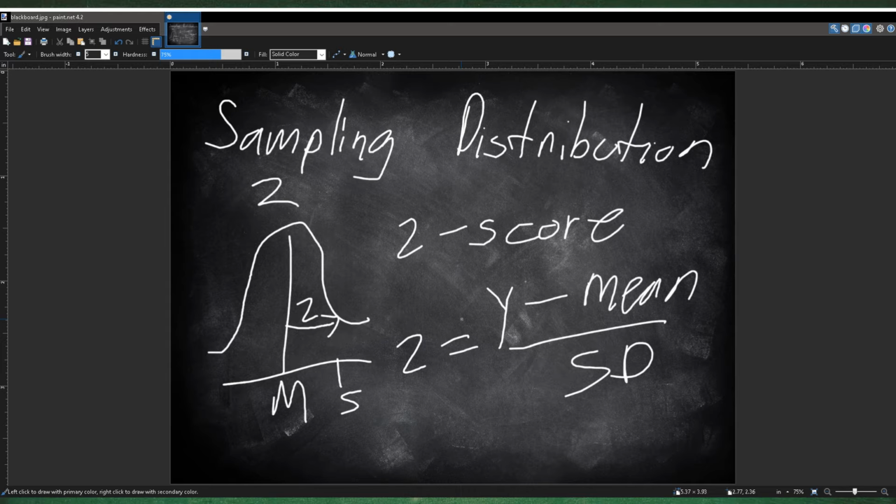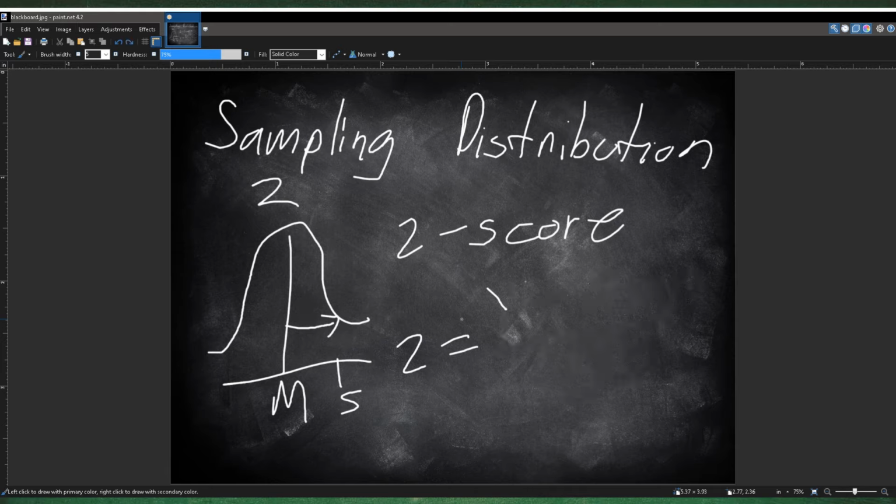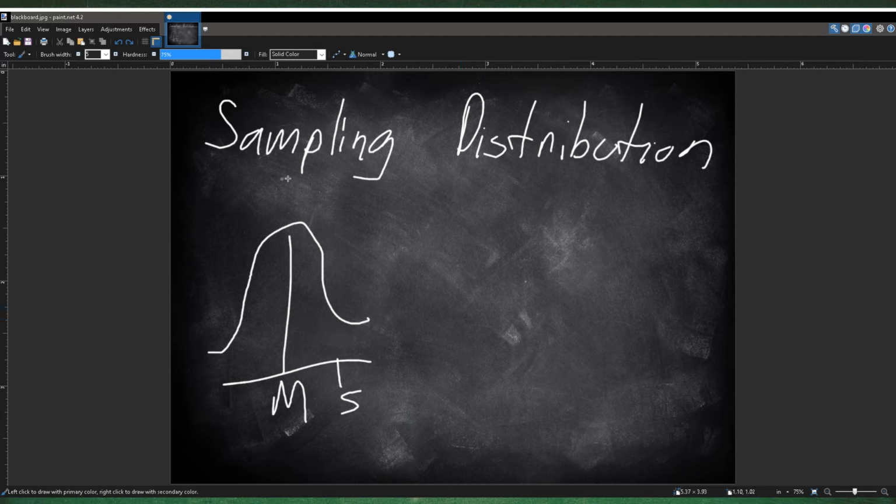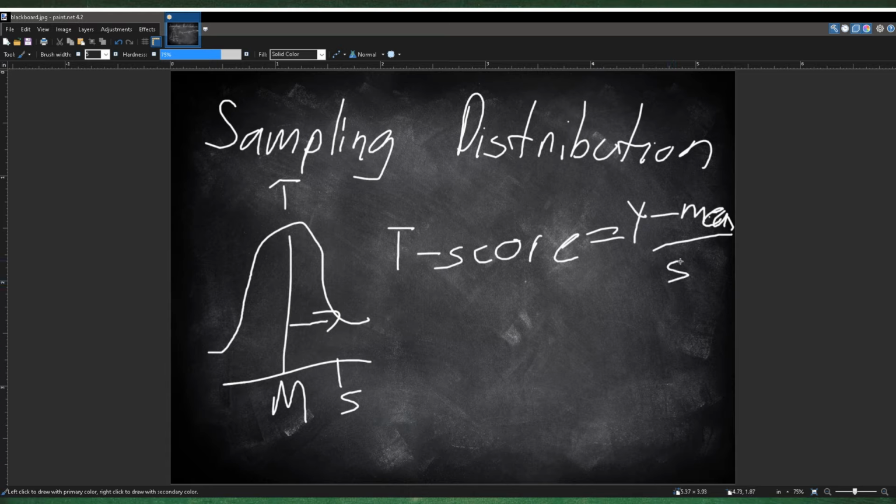Mostly when you're plugging into your calculator. Whenever you're doing sample distributions, you're most likely just going to use your calculator. This is really hard to do by hand unless you're using some calculus technique. And then when you're working with T models, you're going to be working with a T score. So Z score for Z models, T score for T models. The T score is basically the same idea: whatever that value is minus the mean, divided by the standard deviation.